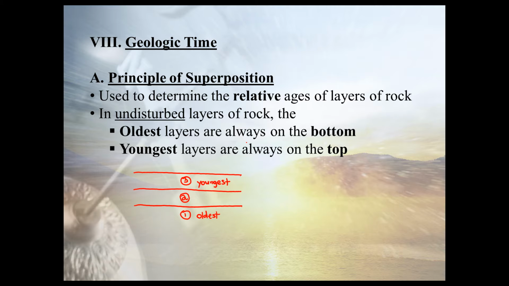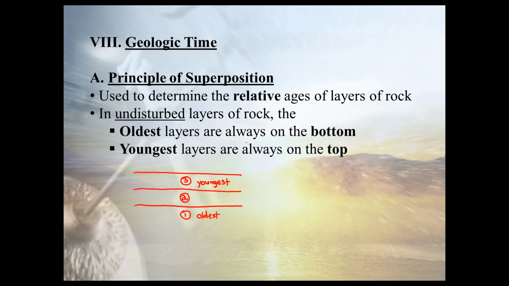The problem here is that I don't actually know how old the rock in layer 1 is and how old the rock in layer 3 is. The only thing I can say is that the rock in layer 1 is older than the rock in layer 3. And that's what I mean by the relative age of the rock. Relative age means we can just compare 2 things.